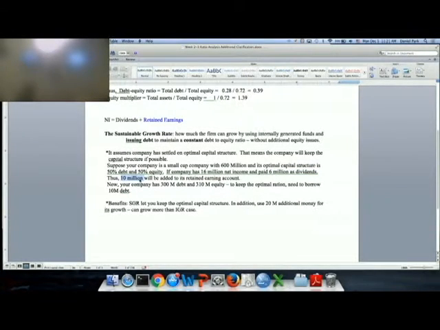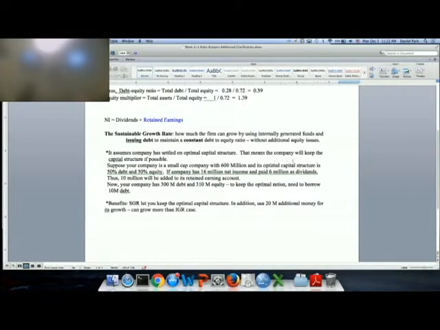This retained earnings account is one of the equity items. So since you added $10 million, your company has 300 debt and 300 plus 10, or 310 million equity. Now it's not the best capital structure.